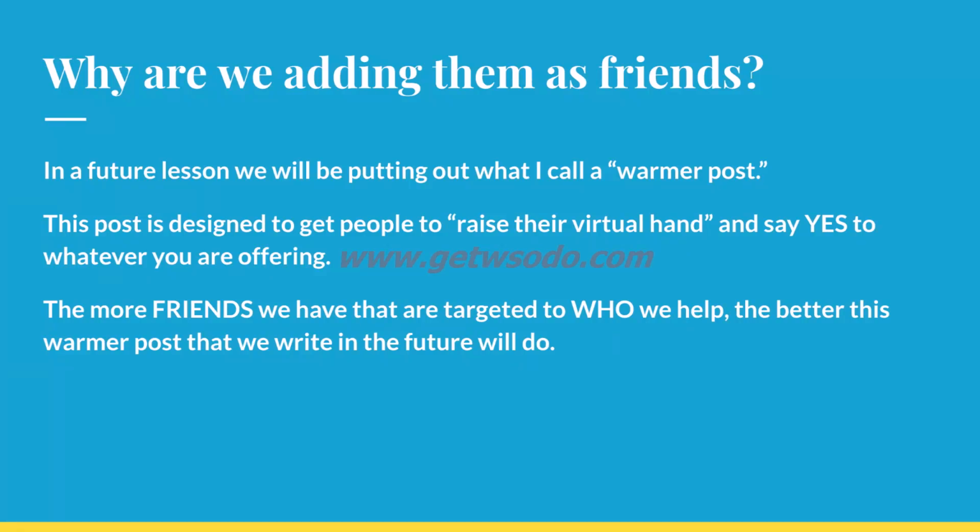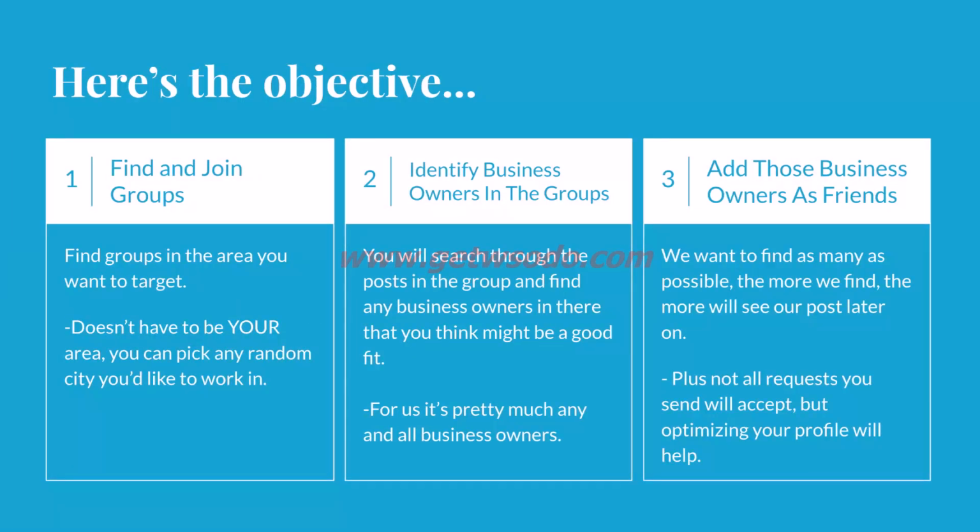So the idea here is the more friends we have that are targeted to who we help, in my example, business owners, the better this warmer post will do. The more people we will get saying yes to it, and the more we will have to choose from as potential clients.